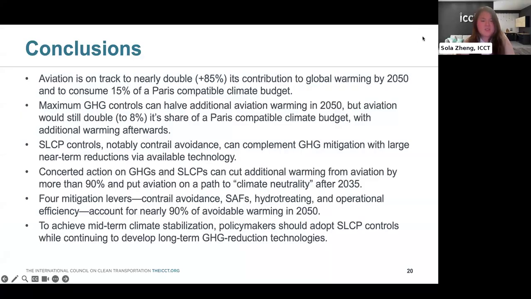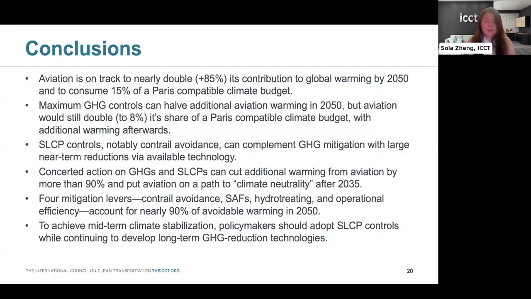But aviation's share of the climate budget will still double in that case. And in the SLCP forward scenario, we see the power of reducing near-term warming using different SLCP control measures, with contrail avoidance being the most dominant lever in this scenario.